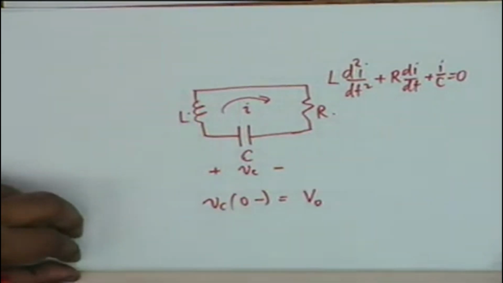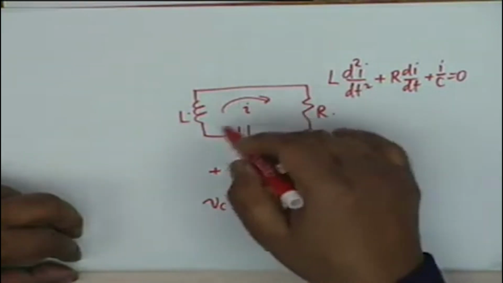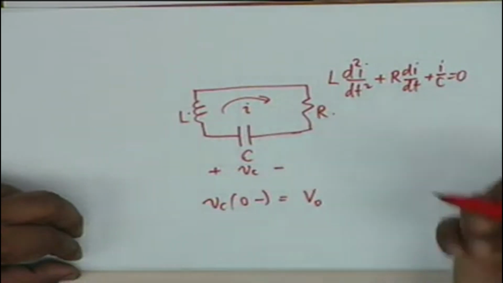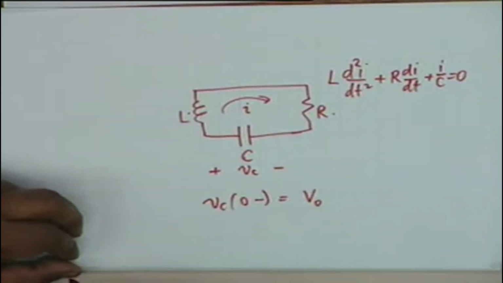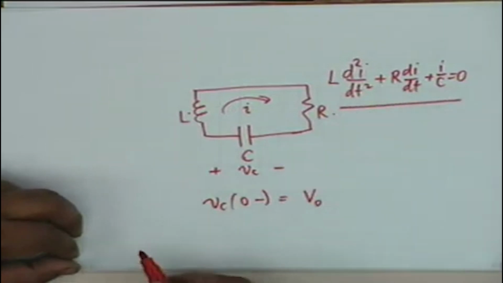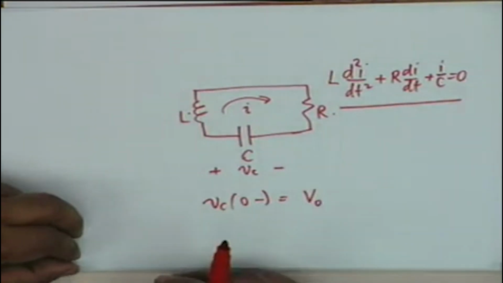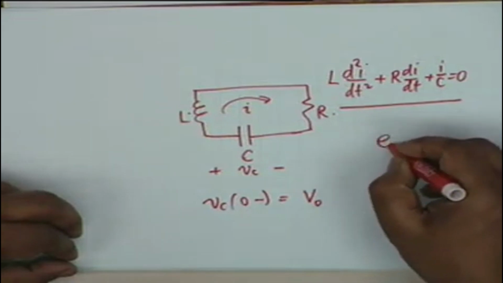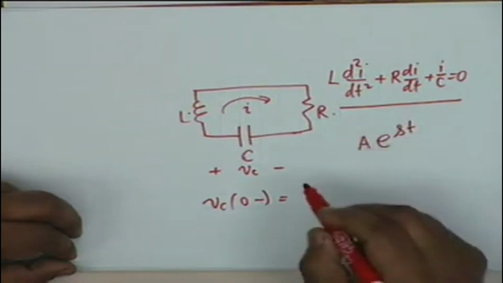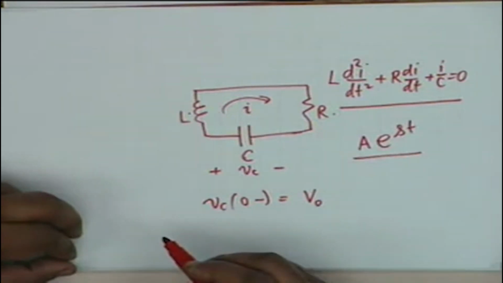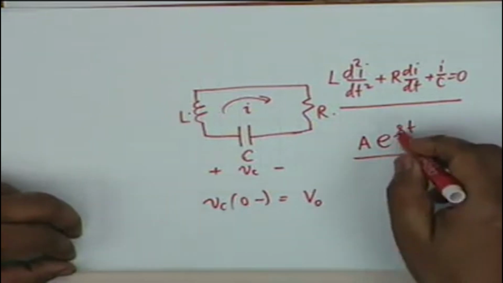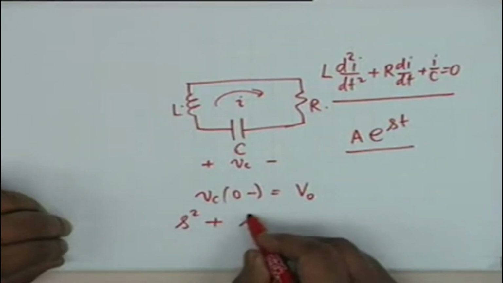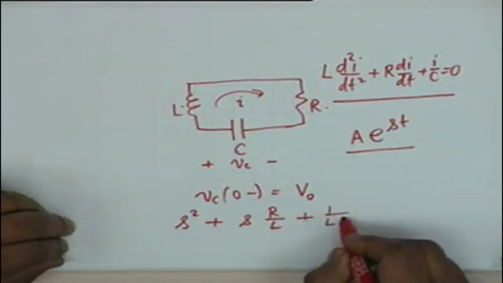We first obtained an integro differential equation, that is Ri plus L di/dt plus 1/C integral i dt equal to V0, and then we differentiated this to obtain a homogeneous differential equation, that is the right hand side is equal to 0, and then we argued that the solution to this equation shall be, we can try a solution of the form e to the st, some constant multiplied by this, and with this we ended up in a quadratic equation, that is small s satisfies a quadratic equation of the form s squared plus sR/L plus 1/LC equal to 0.